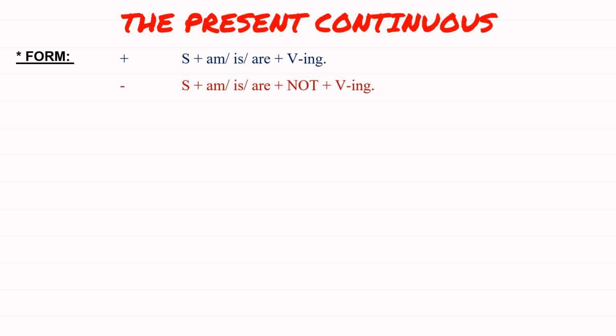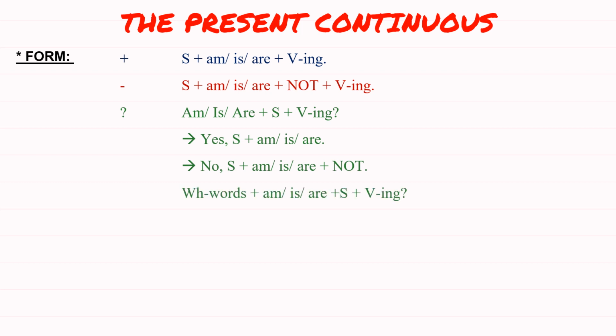For the negative form, we use subject plus to be am, is, are plus not, and then you add verb-ing. For the questions, you use am, is, are plus subject, then verb-ing like this. And then you can answer yes or no.